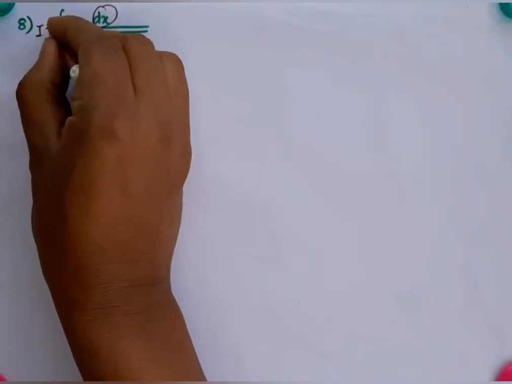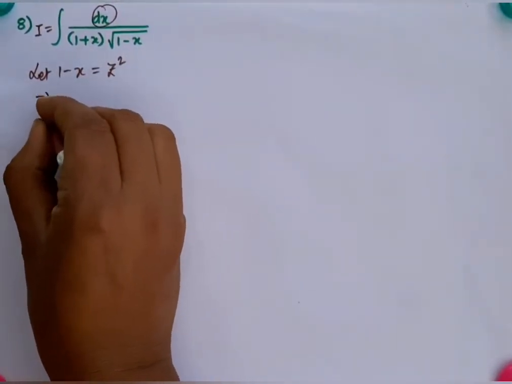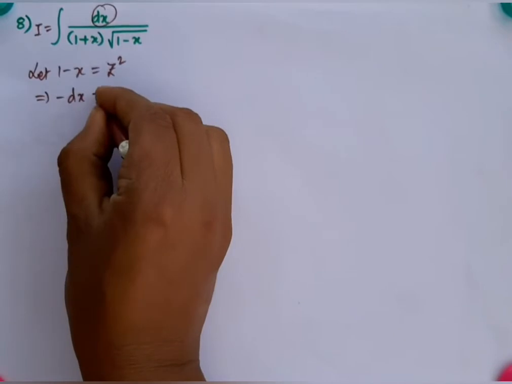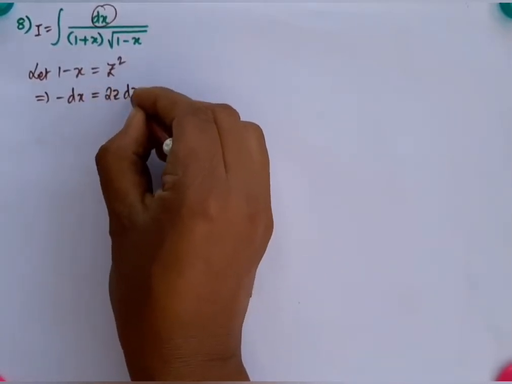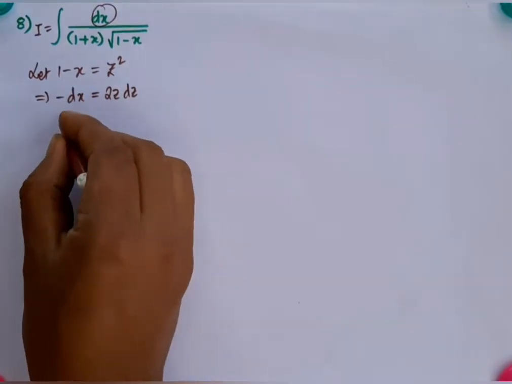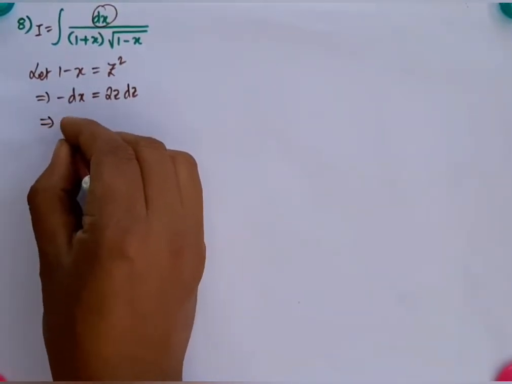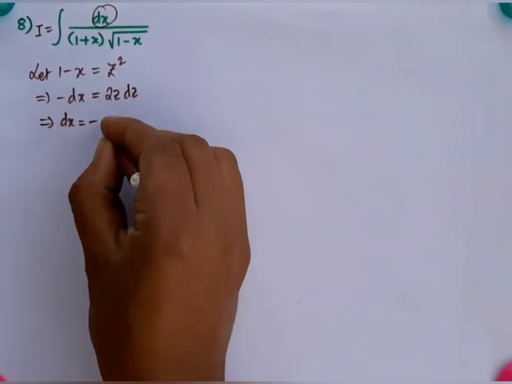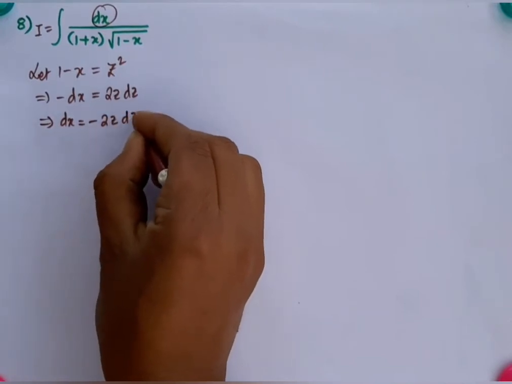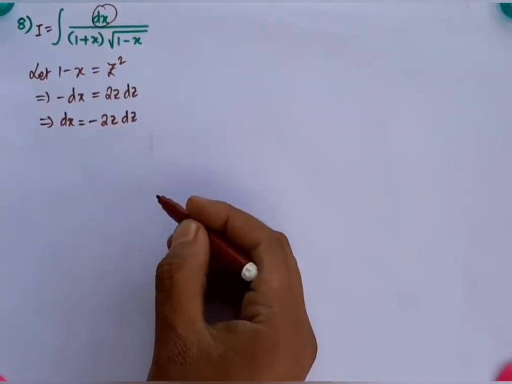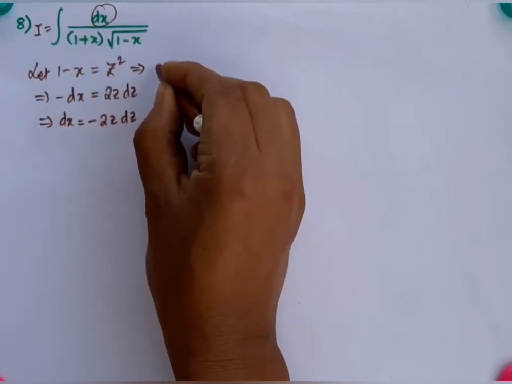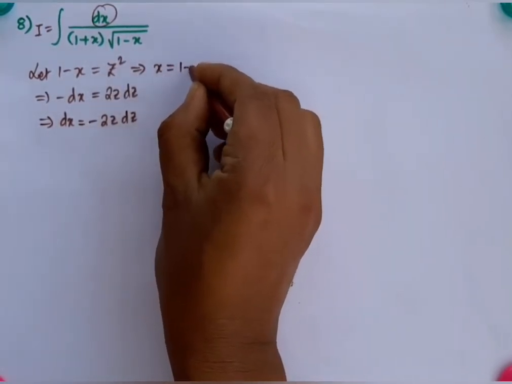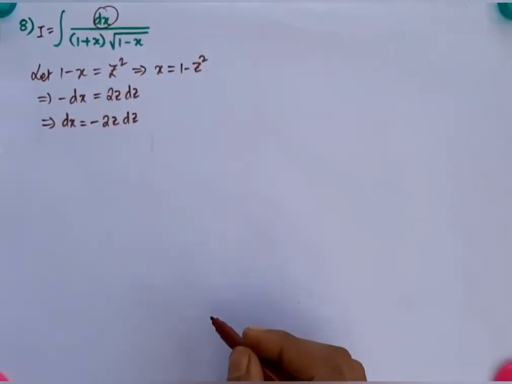So let me call this integral I. So from here we see that minus dx is equal to, differentiate this, so this becomes 2z dz, right? So basically from here we see that dx turns out to be negative of 2z dz, right? Okay, so if that is so, then from here what is the value of x? The value of x turns out to be 1 minus z square.